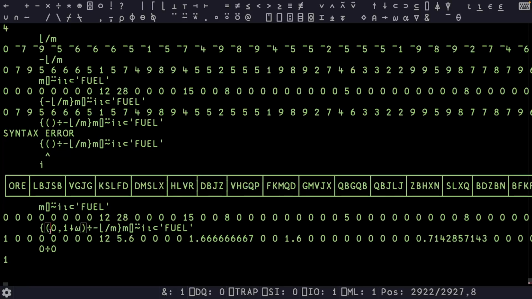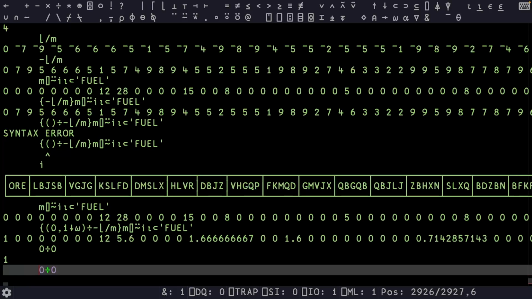Anyway, so in this case, remember that we can't run fractional reactions. Oh, we have to do one other thing, by the way, which is that we have to do 0 max on our input, because we are only interested in the requirements that we need to figure out the reactions.